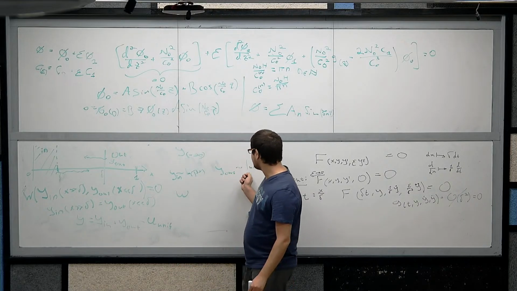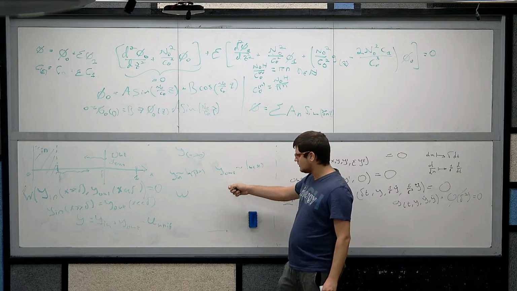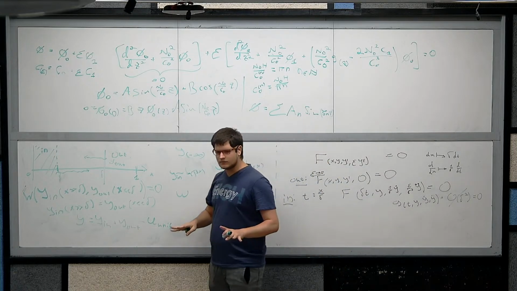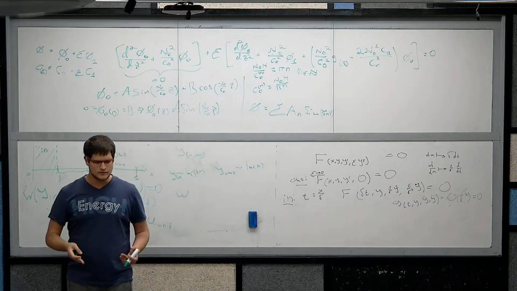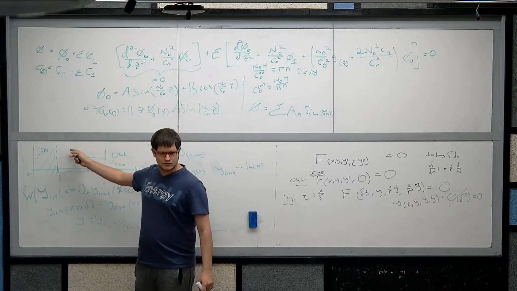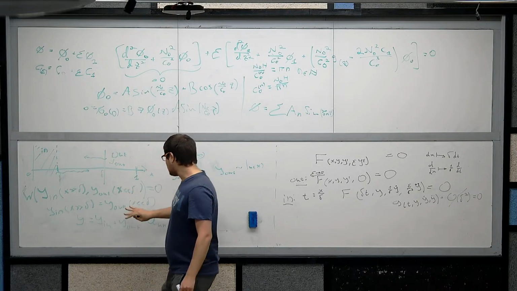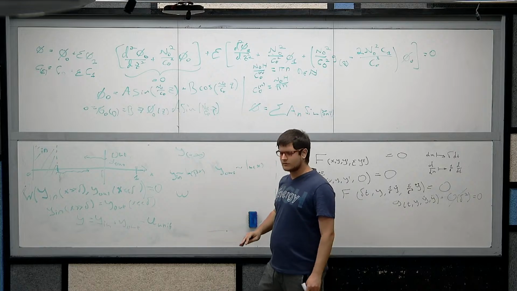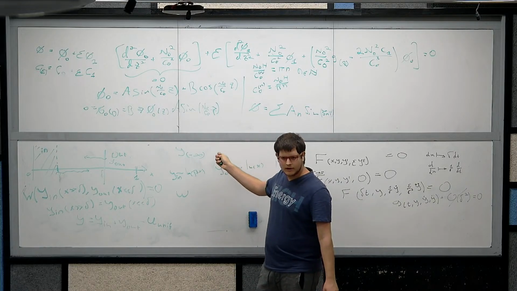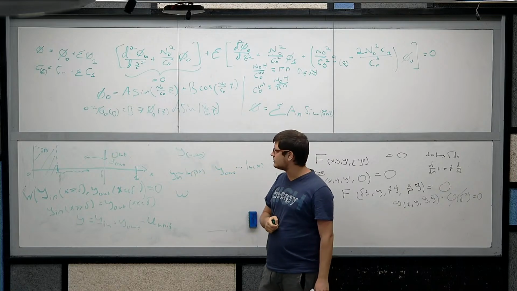Here, for example, for that case, y unif will be ln x. Most of the time, y unif is just a constant that you take into account twice in your solution. So it's just depending on the problem. I brought two problems. One looks like that, and one is just a constant.